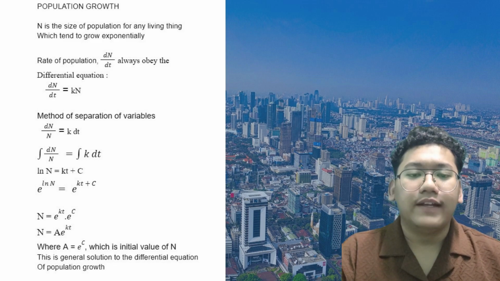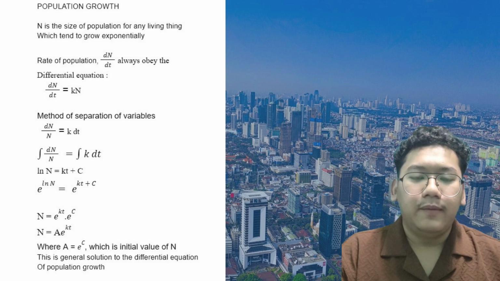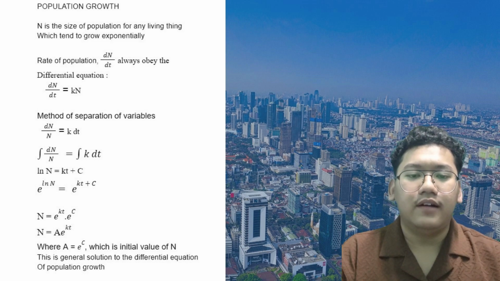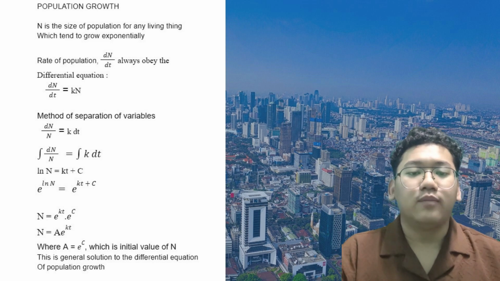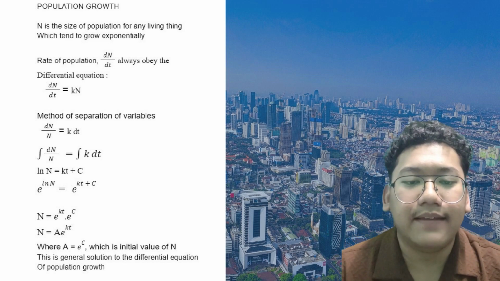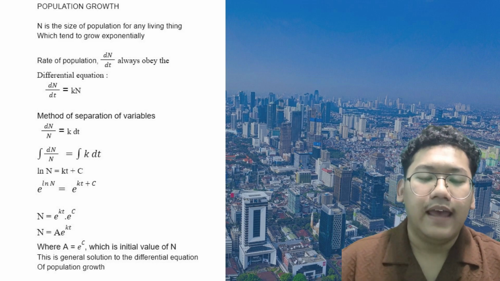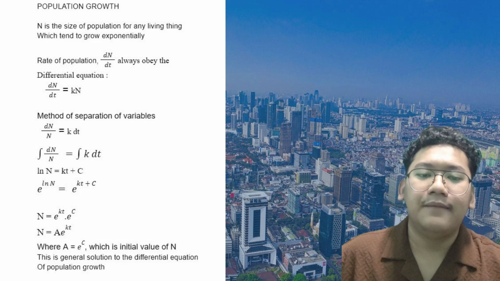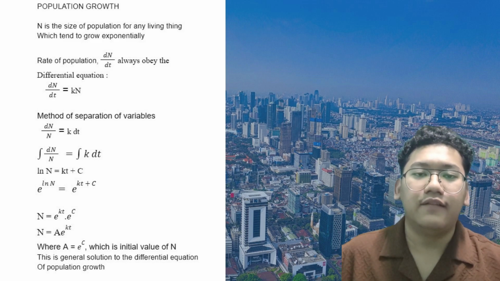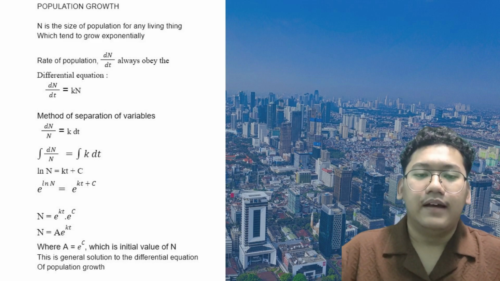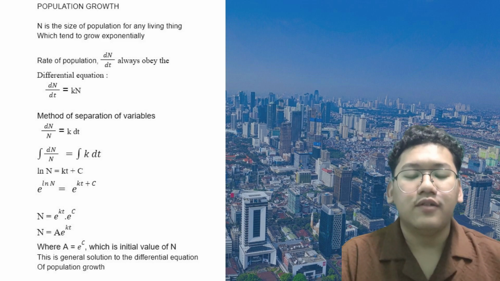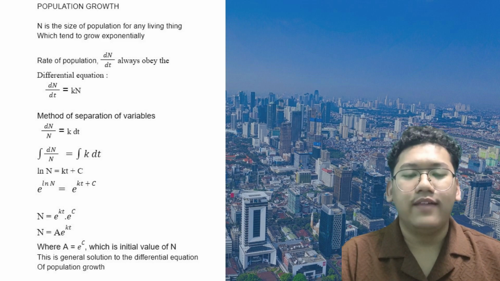By using the exponential rule, we will have exponential of ln N equals exponential of kt plus c. And then the solution for that is N equals e to the kt plus c. And then we substitute e^c with A.